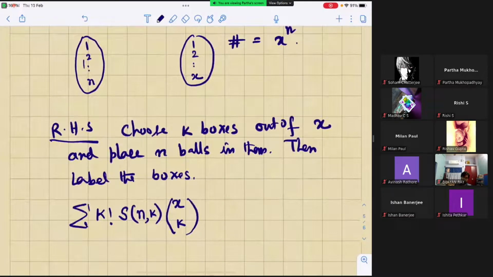Why non-empty? Because I am counting the left hand side, I am counting all maps. There could be many things empty. But among the k chosen, none of them should be empty while we distribute n balls into them. Yes, but this S(n,k) is precisely that number, where none of the boxes are empty. So this is the sum over k equal to 0 to n.